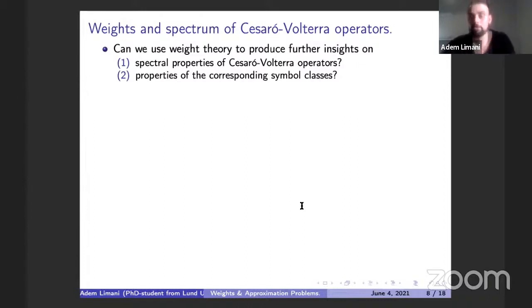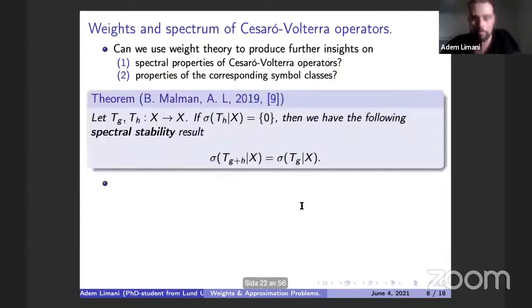It turns out that using similar things as compactness of the spectrum and using certain properties of the weights, we can actually derive some geometric properties of the spectrum. At least we can derive spectral stability results of this kind.